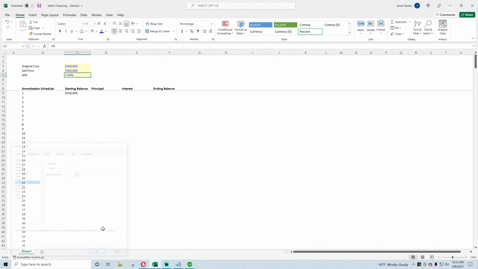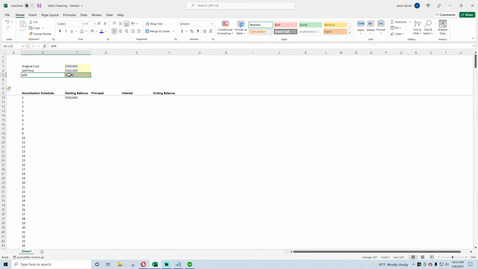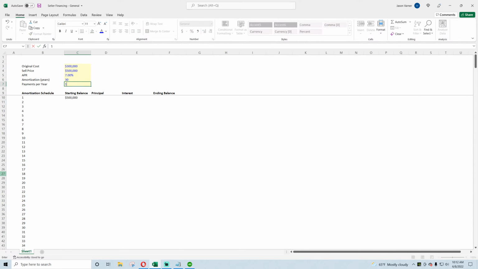I guess this could also be used for personal loans that you're doing. Amortization period in years. Let's say it's a 30-year loan. And then payments per year. We'll say 12.